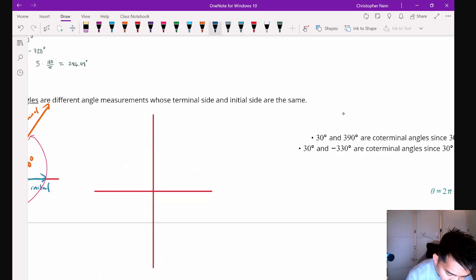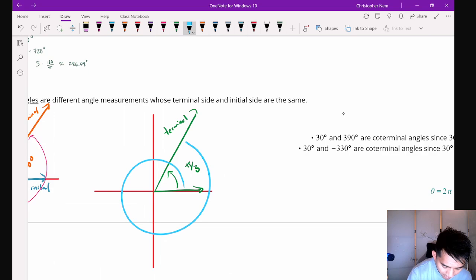So instead, if I had drawn my initial side right here, and then boom, terminal. Let's make this angle pi over 3. To find the coterminal angle that's next to it, I'm going to loop around once. Boom. I have to add 360 degrees, or in radians, add 2 pi.